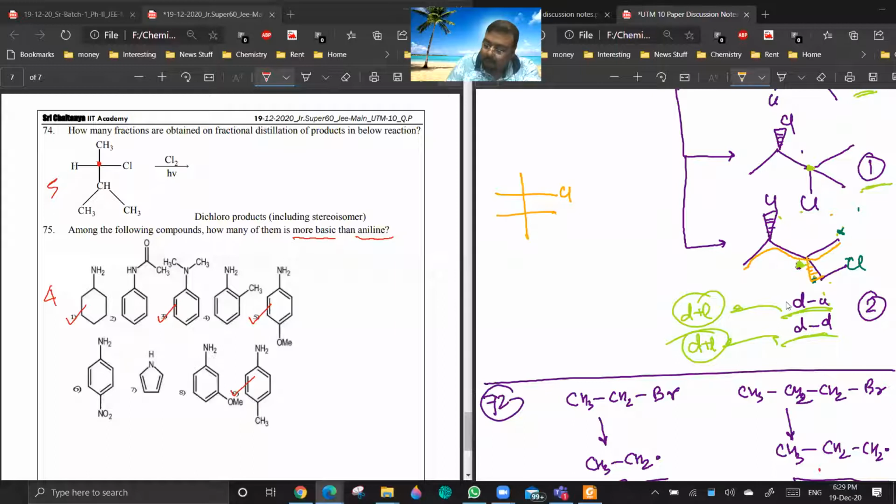Then this CH2Cl will be like this, and if it is down, it will be something like this. Getting a point? Yes, sir. So these two will be diastereomers. Getting a point? Yes, sir. That's very good.